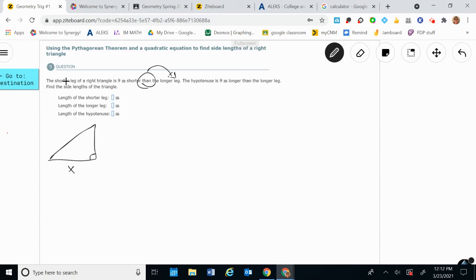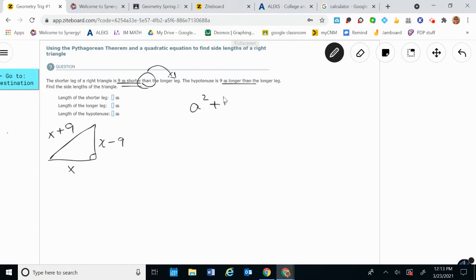And we are comparing: the shorter leg is 9 meters shorter than. That means x minus 9, not 9 minus x. It didn't say it's x shorter than 9. It's 9 shorter than x, okay? The hypotenuse is 9 meters longer than the longer leg. 9 longer than, okay? Find the side lengths.